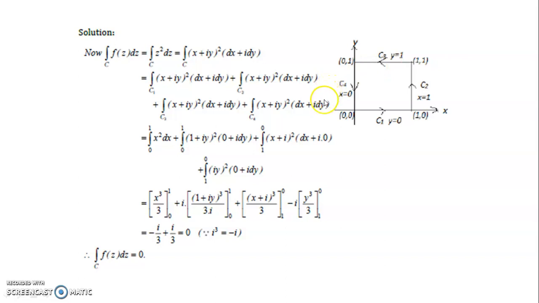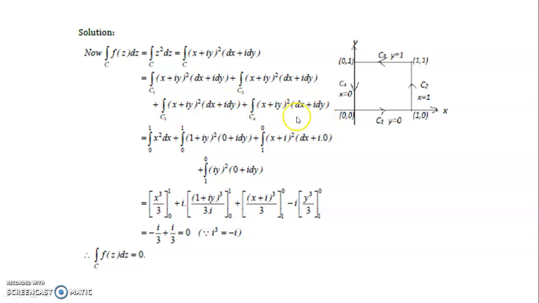But keep in mind here that x starts at 1 and ends at 0, so we are moving from 1 to 0 there. Then y is 1 but dy is 0 in the third integral.